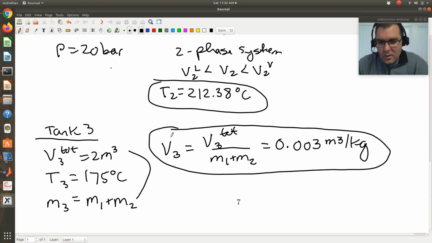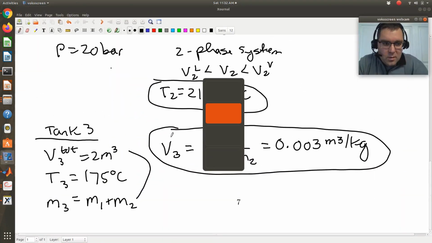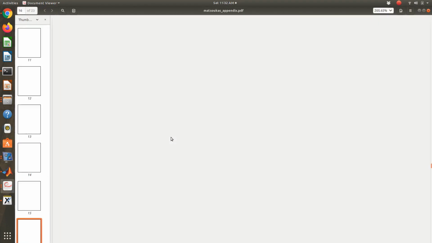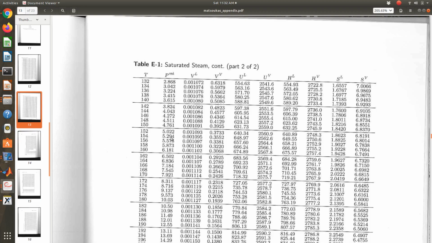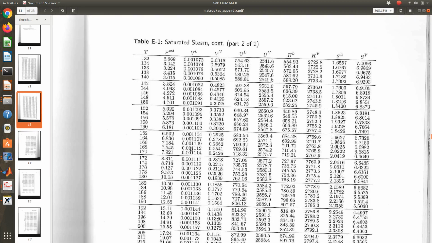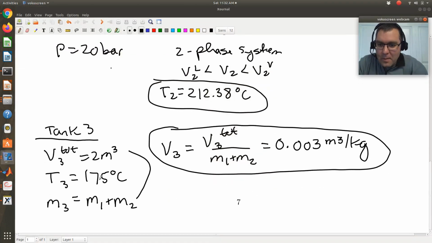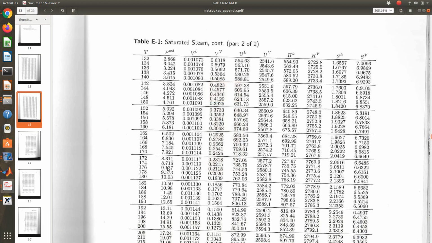Now let's take a look at our steam tables and see where we are. I'm going to start by going back to my saturated steam tables and hoping 175 is on there. It's not exactly, but that's okay. So 0.003. If I'm looking at 174 and 176, here's VL and here's VV.